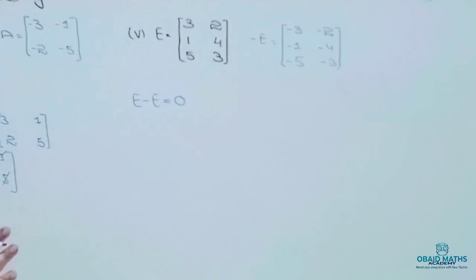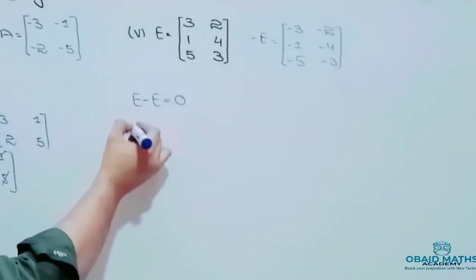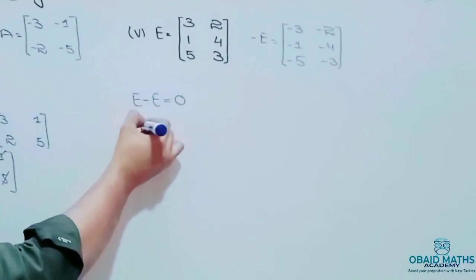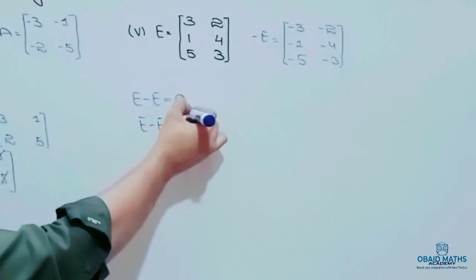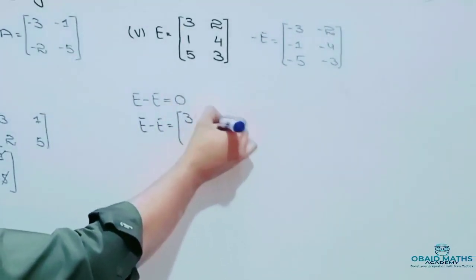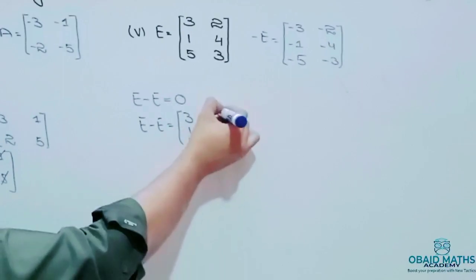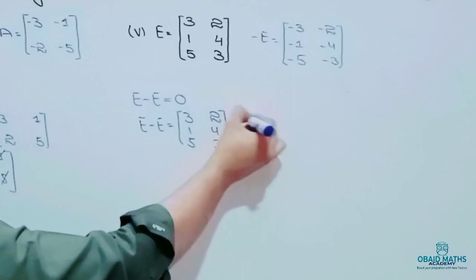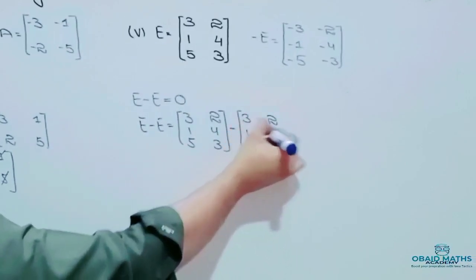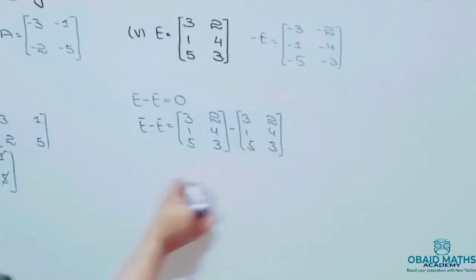So the same solution that we have done in the first part, we will apply in the second part as well. So E minus E is equal to 3, 2, 1, 4, 5, 3, matrix close, minus again 3, 2, 1, 4, 5, 3, and matrix close.